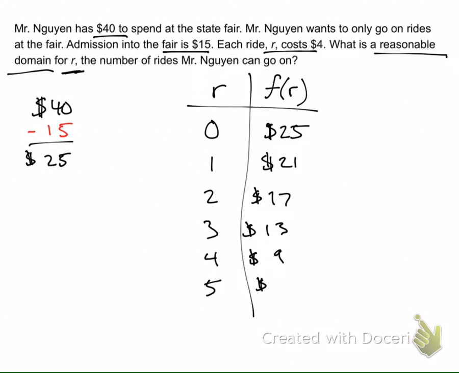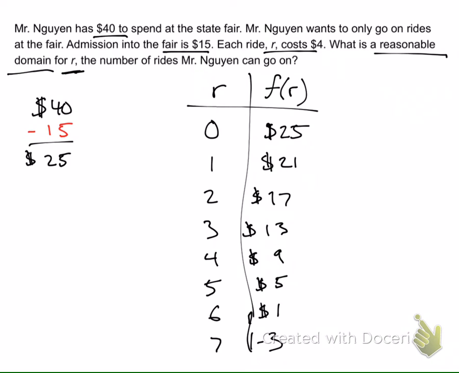I'll be left with $5, right? I can go on 6 rides. Yeah, I got $1 left. I'll have $1 left over, but if I try to go on 7, I don't have enough, right? That'll be negative, take away $3. I still need another $3, right?